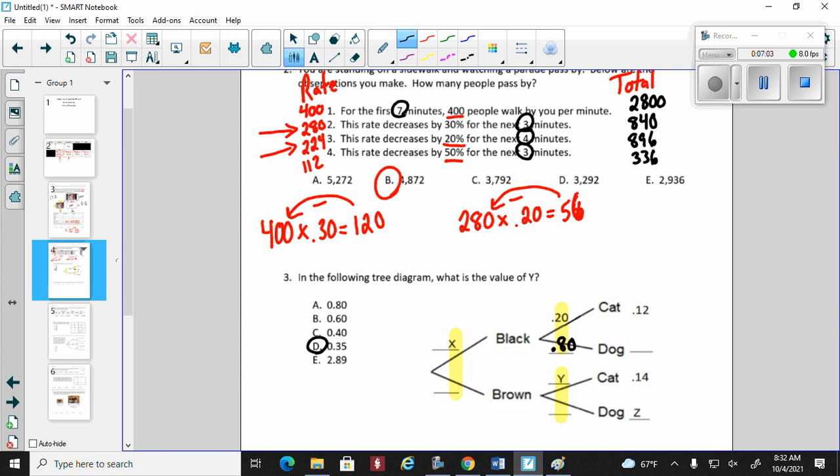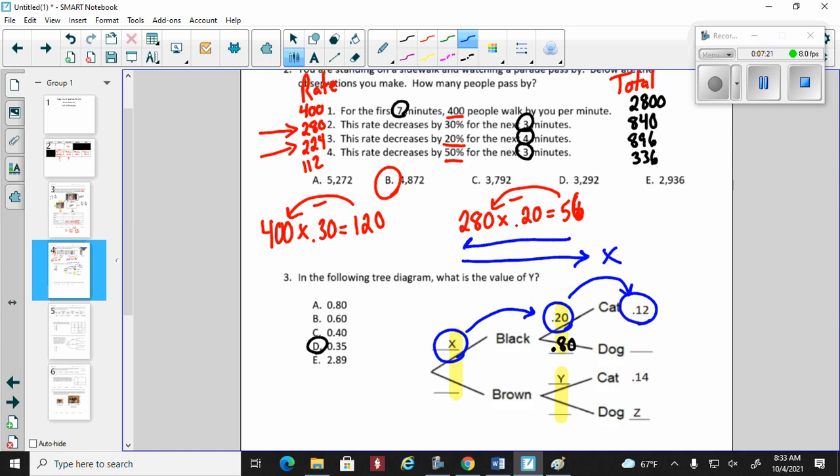Now remember, x, whatever it is, times 0.2. Well, we know what 0.2 is. So x times 0.2 equals 0.12. Remember, you multiply as you work to the right, which means in reverse you have to divide. This is the end number.